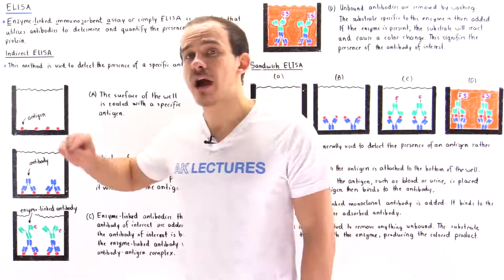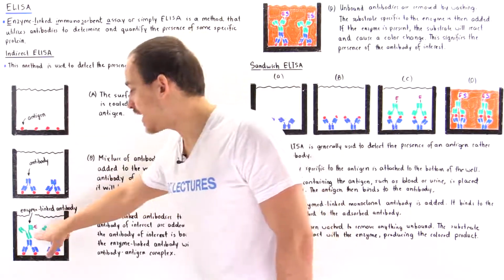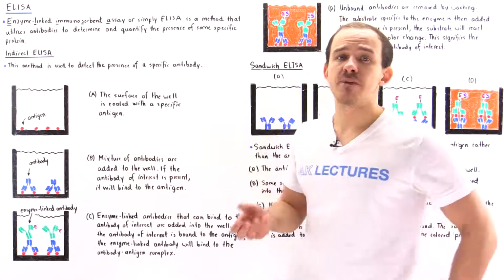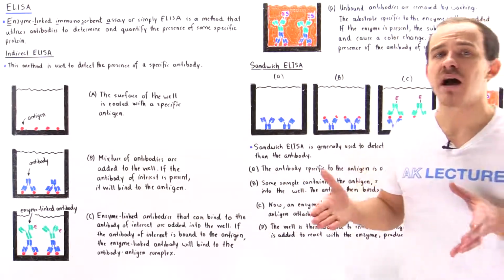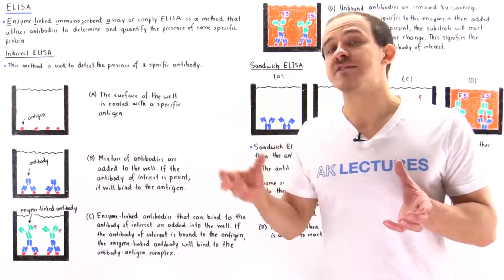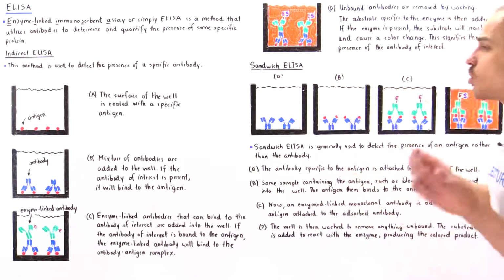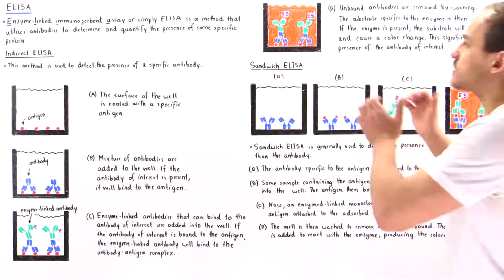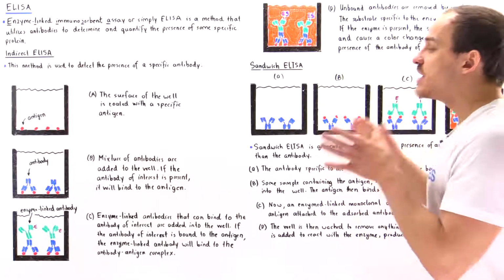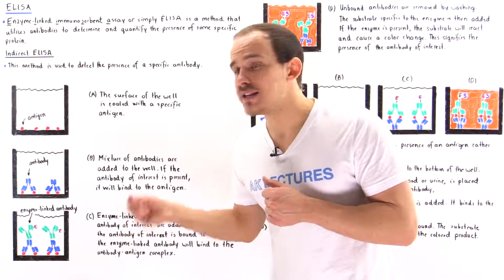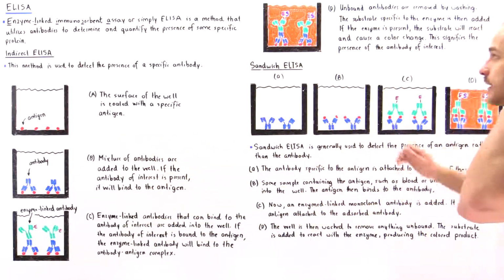Once we add our substrate, that enzyme will begin to transform the substrate into some type of product. When that transformation takes place, it causes a color change in our sample. And that tells us that the antibody is present inside that sample.